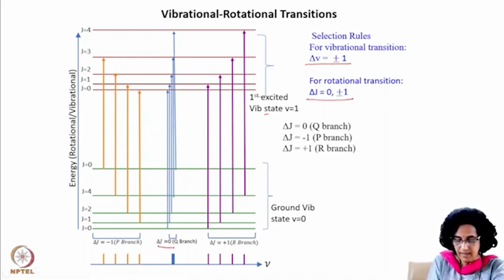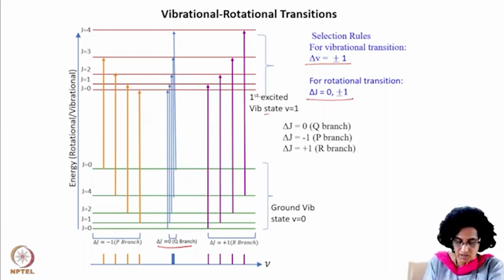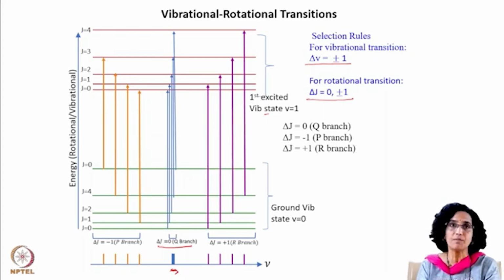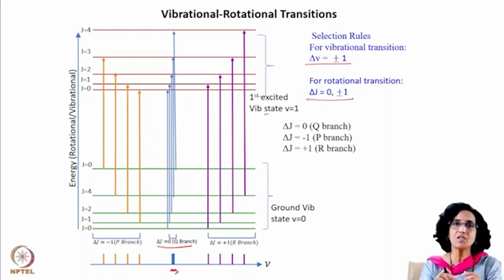And this delta J equal to 0 is called the Q branch. So the Q branch is very, very sharp. I hope you have understood why the Q branch is sharp. If you try to see the energy level separation between various rotational levels, you will understand that it is sharp because basically the energy is equal, but slight change happens because of the distortions and anharmonicity.